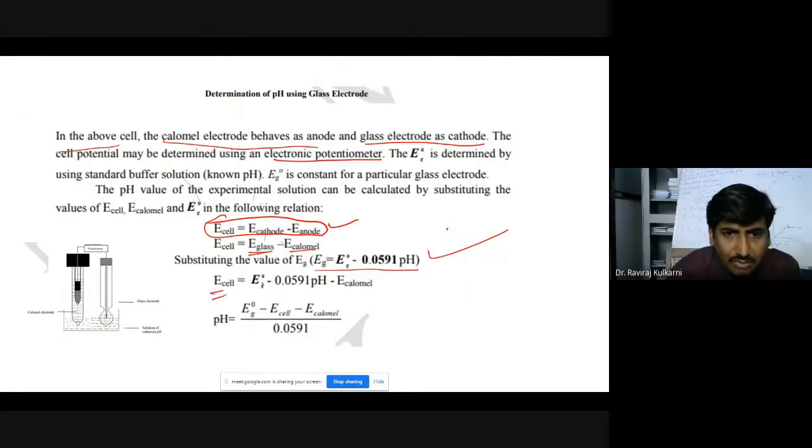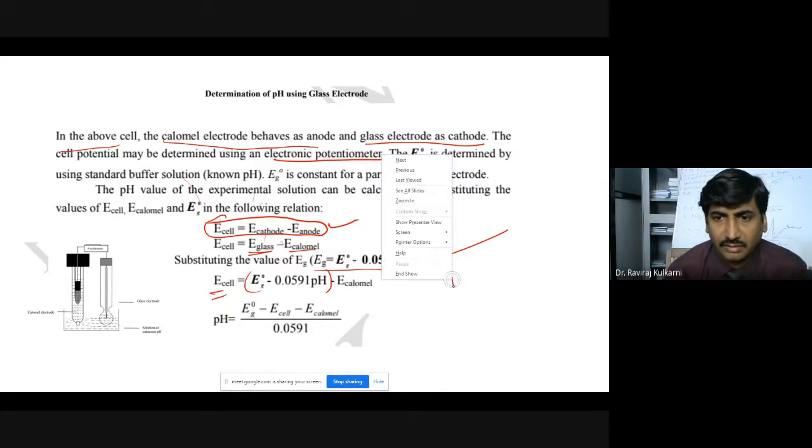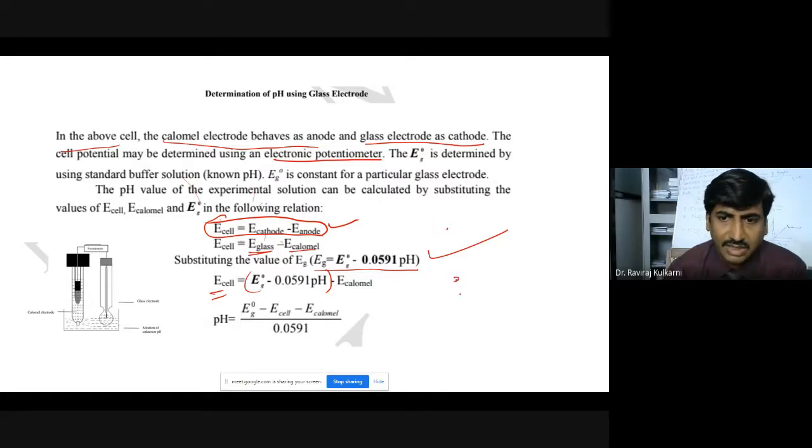E cell is equal to Eg naught minus 0.0591 into pH minus E calomel. Let's keep the anode part as it is. Now rearrange this. What is pH? First, take this Eg naught this side. E cell you keep as it is. You take Eg naught this side.